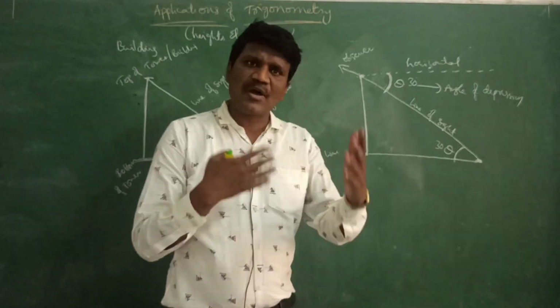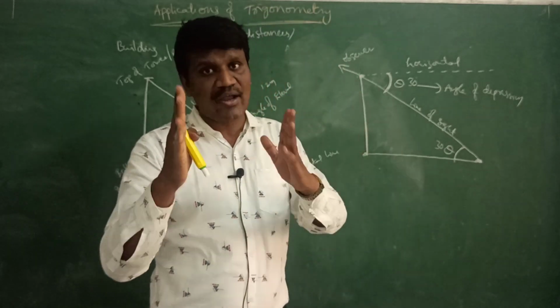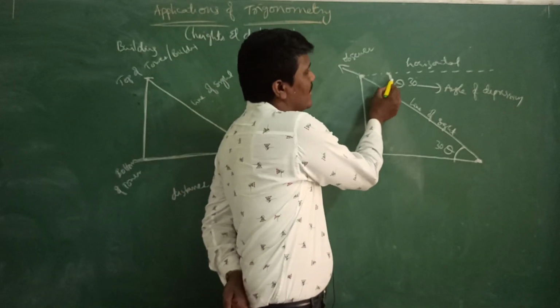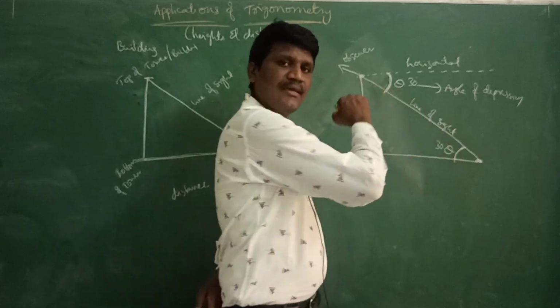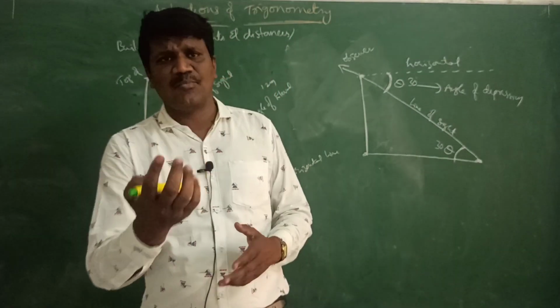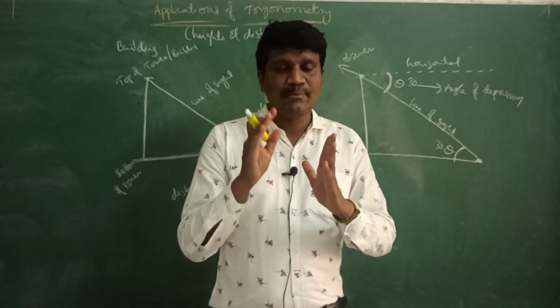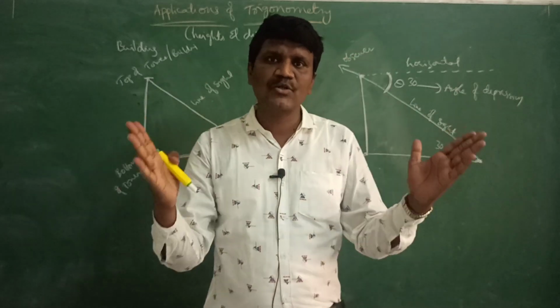While solving the problem, we will use the angle of elevation only, but while drawing the diagram, we draw the diagram like this. First we draw the diagram as 30 degrees here, and then we write 30 degrees here. Then we will solve the problems. In this, there are two types of problems: one based on a single diagram and the other based on two diagrams.